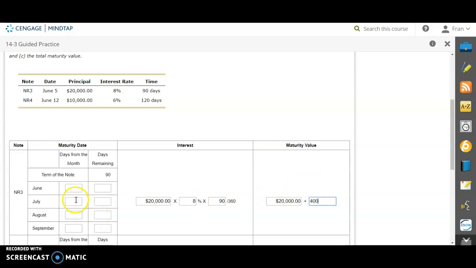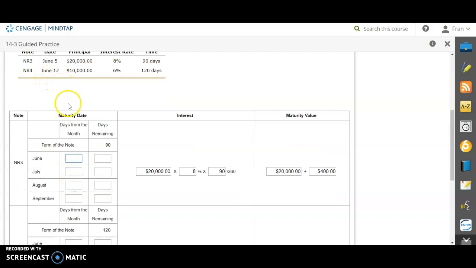Now let's do the other part. They got the loan on June the 5th. How many days does June have? 30. If we got it on the 5th, we had it for 25 days. 90 minus 25 is 65. July has 31 days. 65 minus 31 is 34.